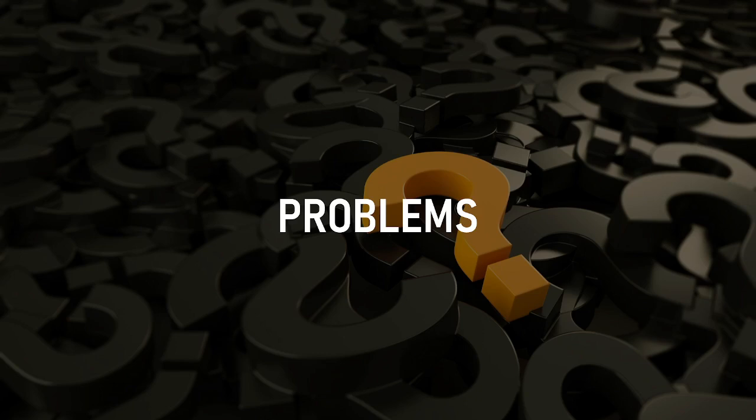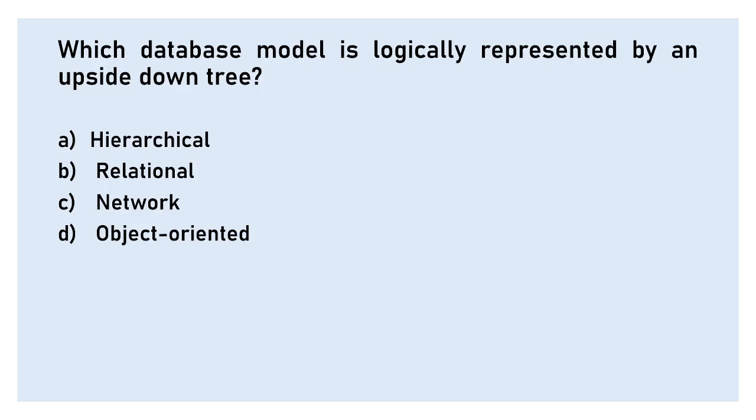Okay, so we will go to the problems for week 7. I'm not sure if it has already been displayed on your NPTEL portal, but since week 7 solutions were already shown there and your submission date has passed, I'm discussing those here. Which database model is logically represented by an upside down tree?